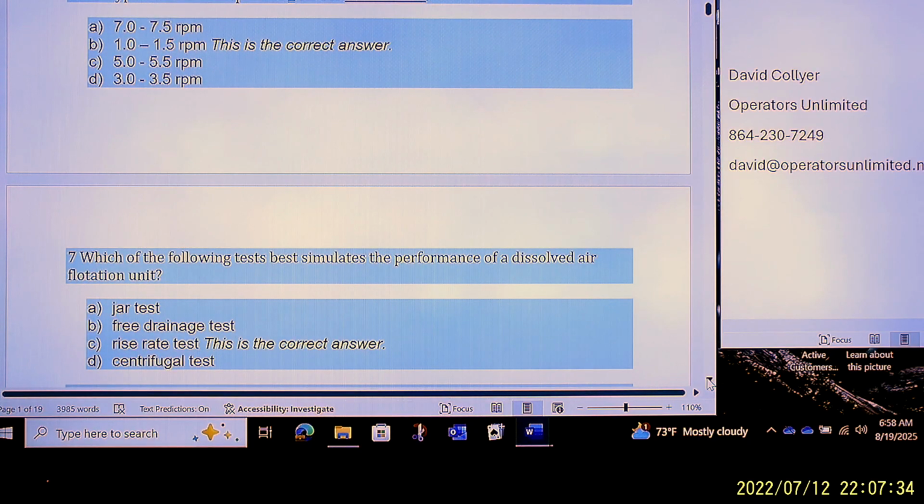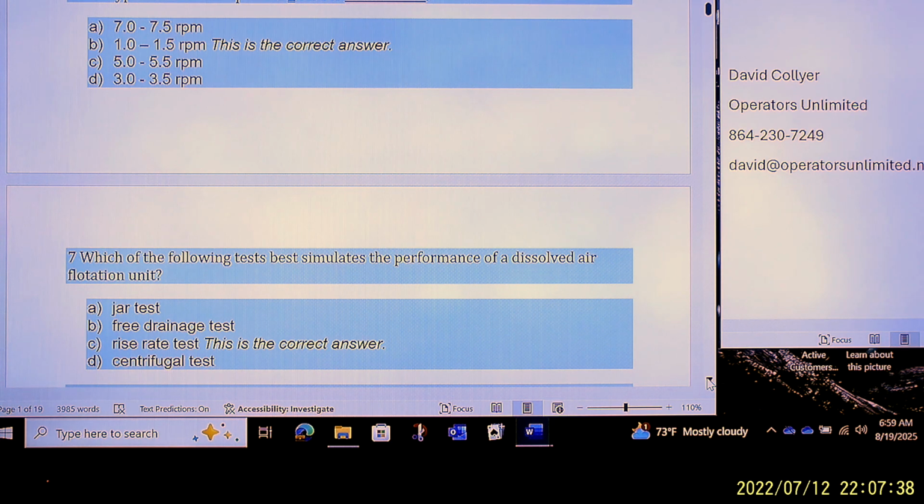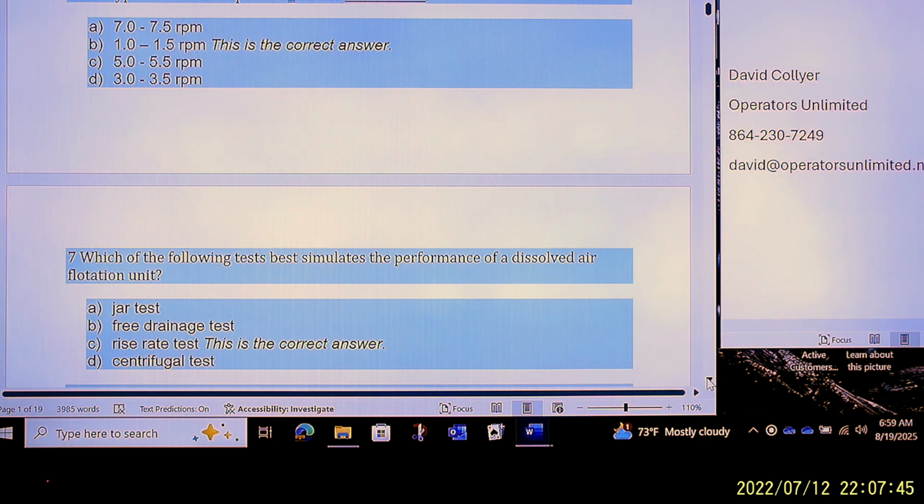Number 6, a typical rotational speed of an RBC is 7.0 to 7.5 RPM, 1.0 to 1.5 RPM, 5.0 to 5.5 RPM, or 3.0 to 3.5 RPM. The answer to number 6 is B, 1.0 to 1.5 RPM.